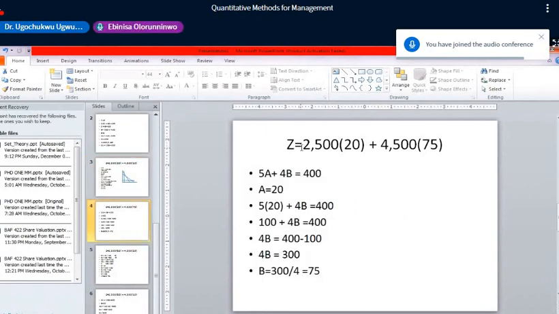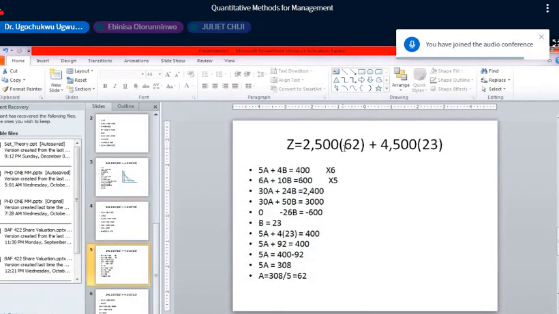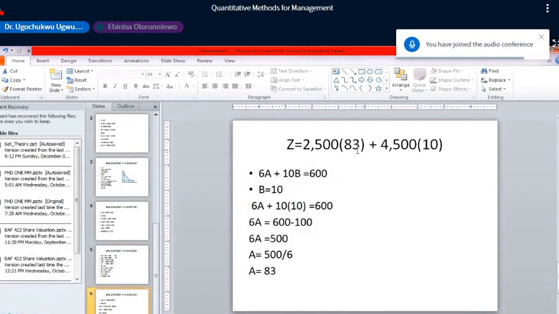You go to the next one, 2,500 multiplied by 20 plus 4,500 multiplied by 75. The next one, 2,500 multiplied by 62 plus 4,500 multiplied by 23. And the last one, 2,500 multiplied by 83 plus 4,500 multiplied by 10.